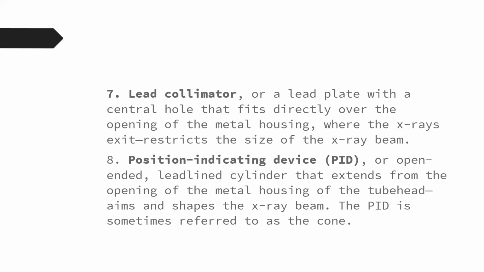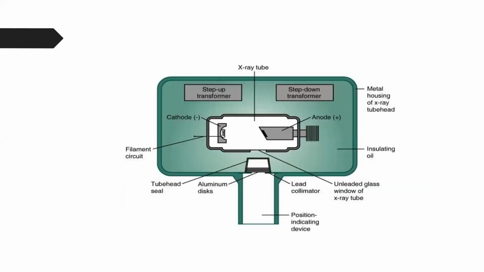Then we have the PID, or the position indicating device. This is an open-ended lead-lined cylinder that extends from the opening of the metal housing of the tube head, and it aims and shapes the X-ray beam. It is also sometimes referred to as the cone. Right?